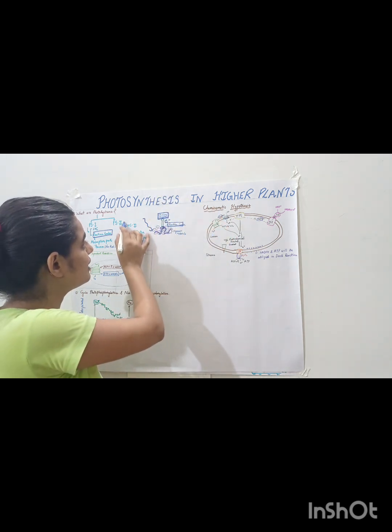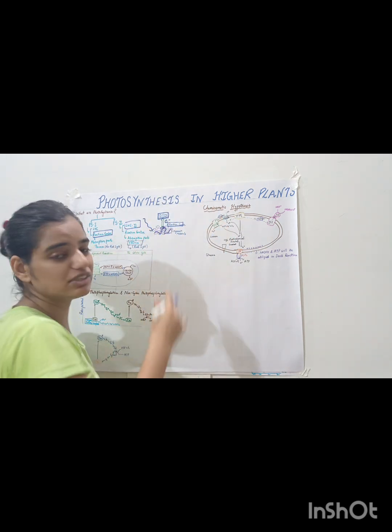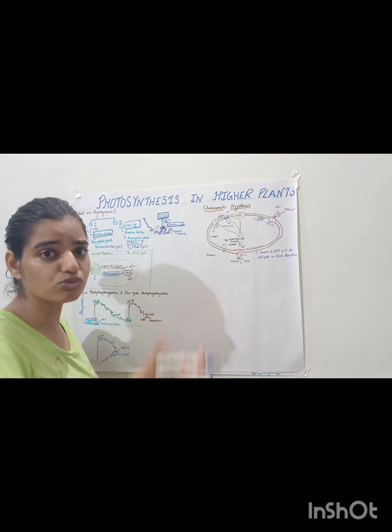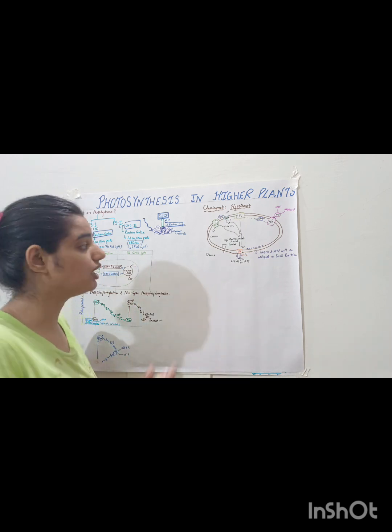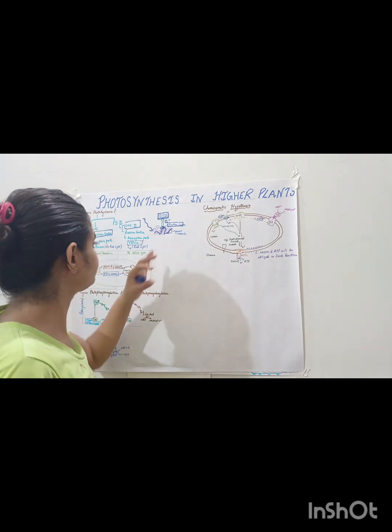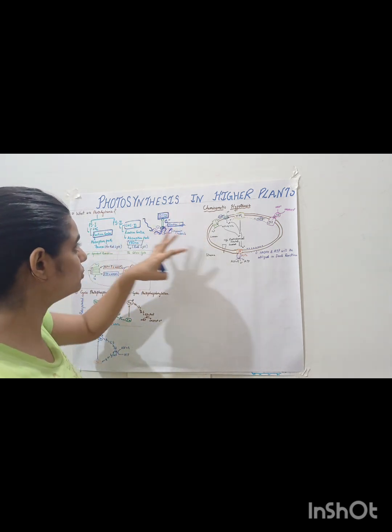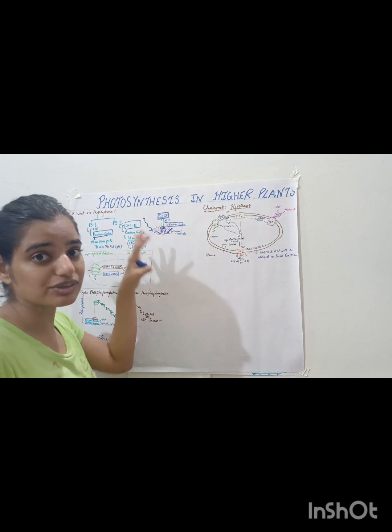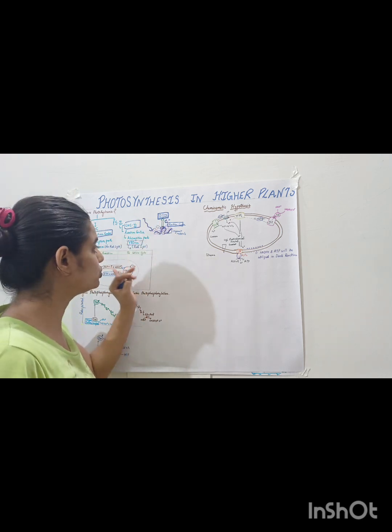The light harvesting complex has the pigment molecules, the accessory molecules, which will transfer the energy to the chlorophyll A molecule. Now we will see how the whole process occurs.